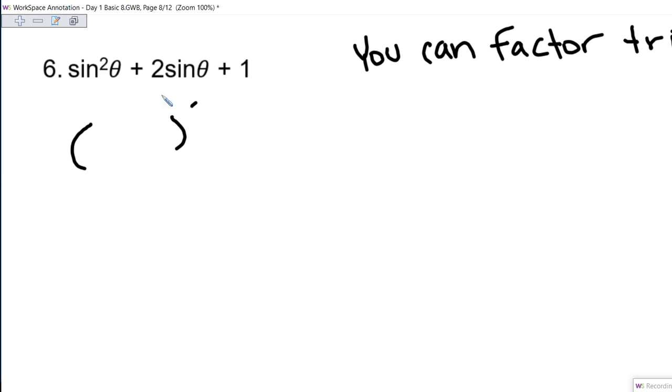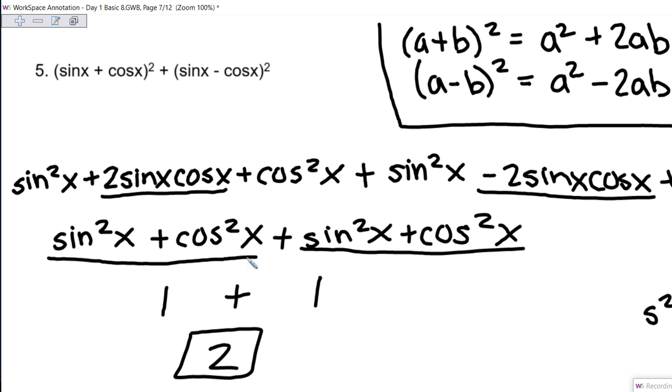So to factor a perfect square trinomial, if I went back to sine of x plus cosine of x, this is actually what we're looking at. Let me get a highlighter. If we were given these 3 terms, to get the binomial, you take the square root of the first term. So what's the square root of sine squared? Sine. You take the square root of the last term, which is cosine, and then you keep the sign in the middle.